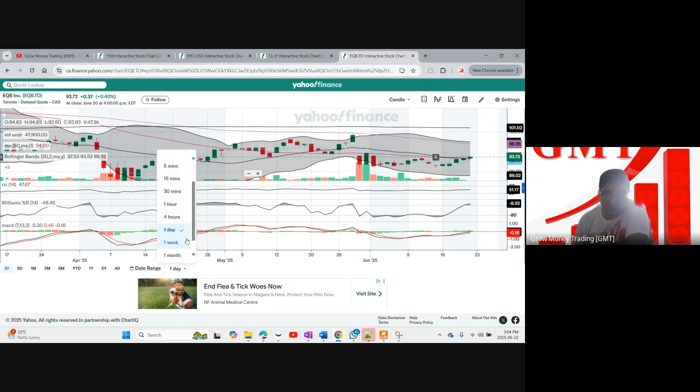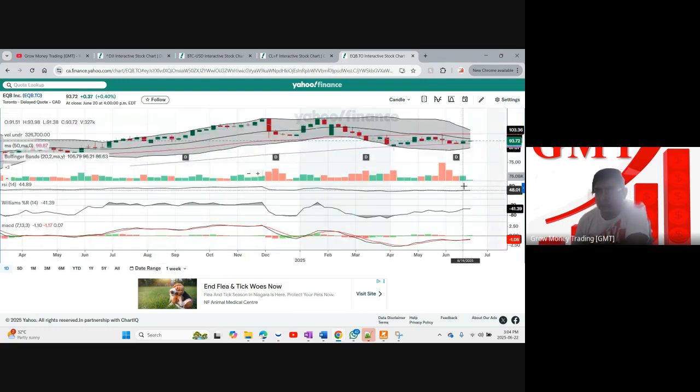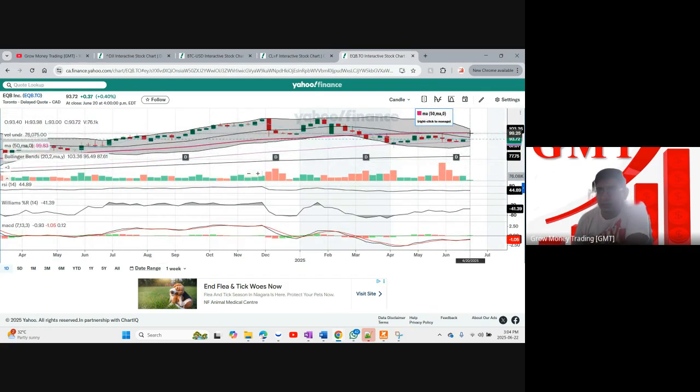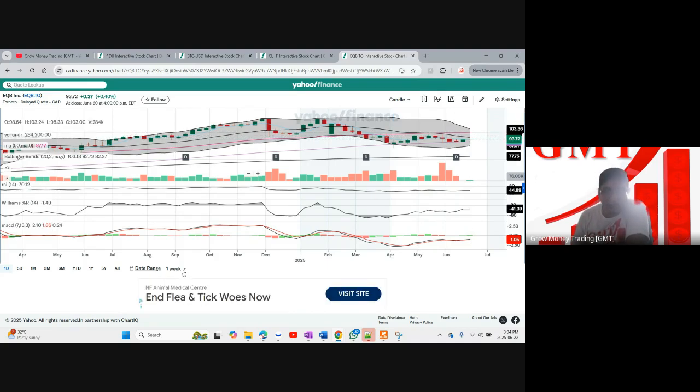We saw one target on the weekly chart, that's 99. The mid Bollinger Band here is at 95.40. You can watch this level just to see that it breaks this resistance, and if it breaks, then you can hold for 97 and 99 as your targets.